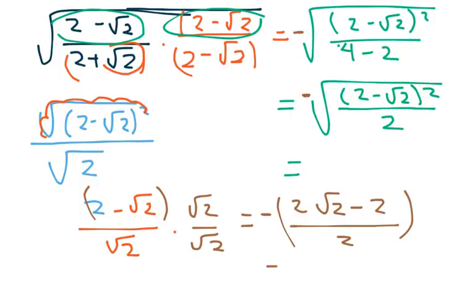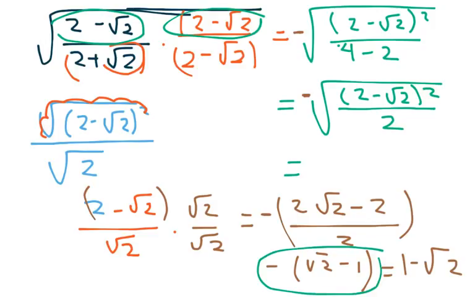You're going to get negative root 2 minus 1, which is the same as saying 1 minus root 2, because this right here would be negative root 2 plus 1. I just rewrote it to look like that. Alright, that's the hard way.